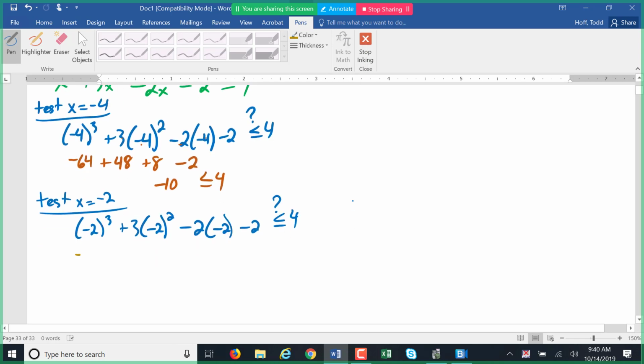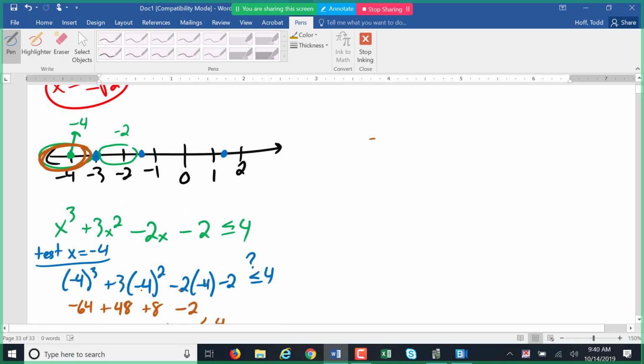Negative 2 to the third is negative 8. Negative 2 squared is 4 times 3 is 12. Negative 2 times negative 2 is 4, and then minus 2. Well, negative 8 plus 12 is 4, plus 4 is 8, minus 2 is 6. That is not less than or equal to 4. So that region is not a solution.